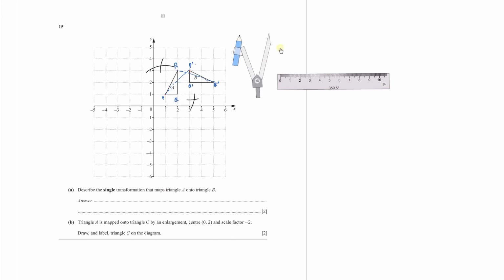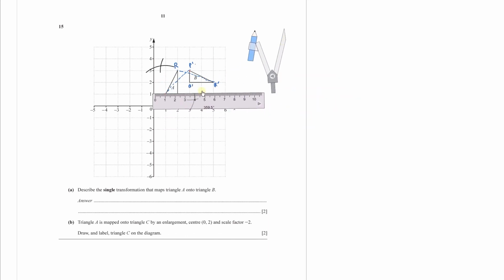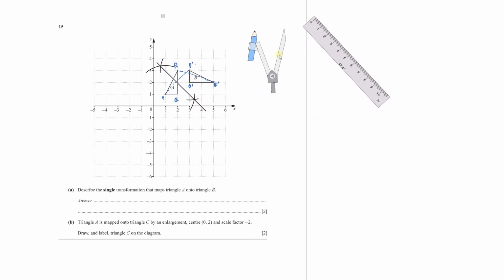So this would give me the perpendicular bisector of P and P prime. Now let's also draw the perpendicular line bisector of this line R and R prime. Again, I open it up to more than halfway.